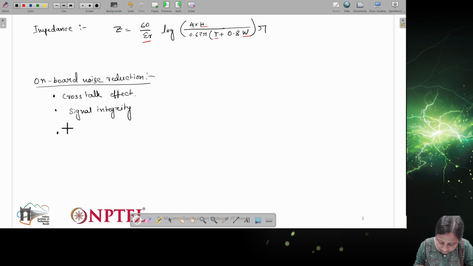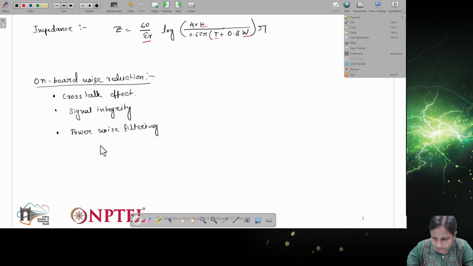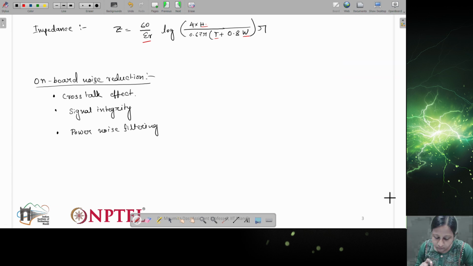Then power noise filtering. Every point we have to see. In order to filter this, if there is a VCC input signal, it has to pass through an LC filter.